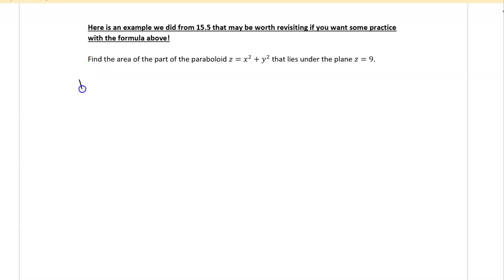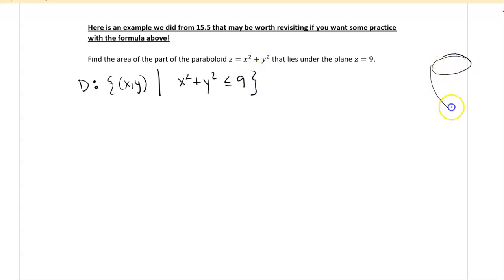So our set that we're integrating over for our xy's is such that x squared plus y squared is less than or equal to 9. If you think about our paraboloid, when we project that down into the xy plane, it gives us this circle of radius 3, so we'll need to integrate over everything inside of it.